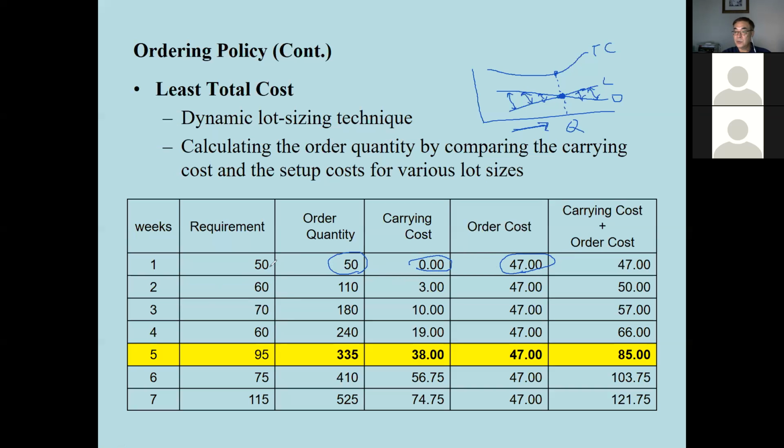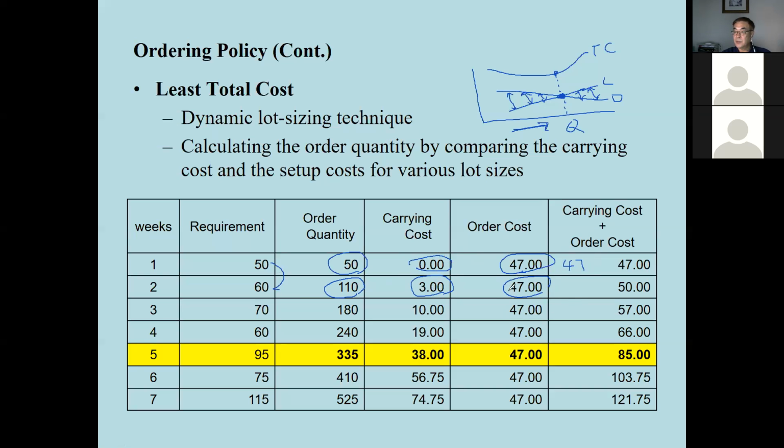Then order two weeks' amount, and use 50 and then 60 carries over, so there is some carrying cost. But the order cost is the same because we order only one time. So the difference between carrying cost and order cost is $47.